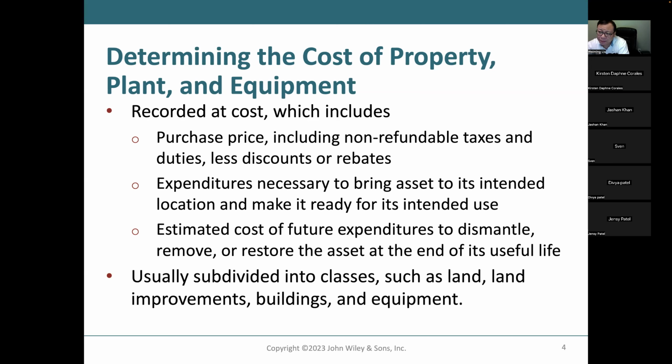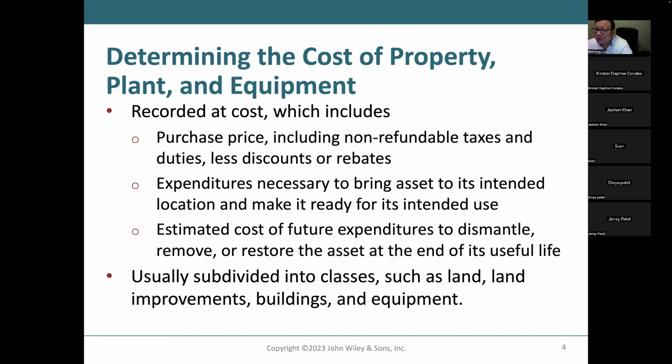Let's say we have a projector in the classroom. You would say that projector is a long-lived asset, because it is owned and controlled by the university.